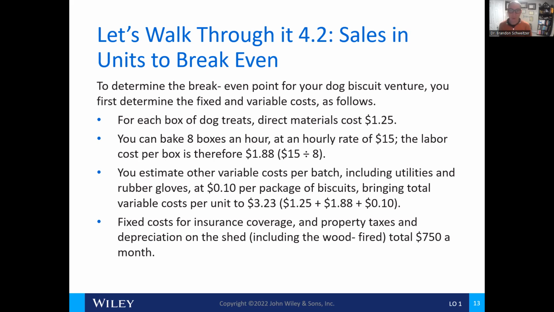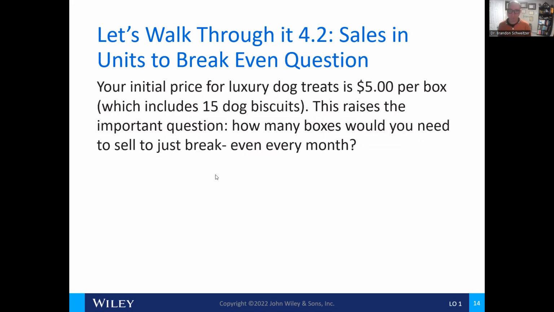The fixed cost for insurance coverage, property taxes, and depreciation is $750 per month. Our initial price of a box of dog treats is $5, which includes a total of 15 biscuits.